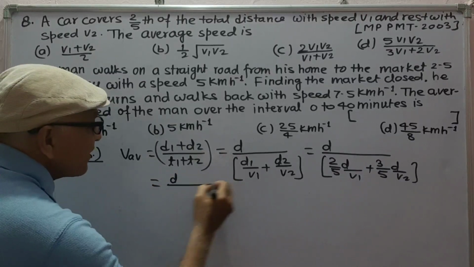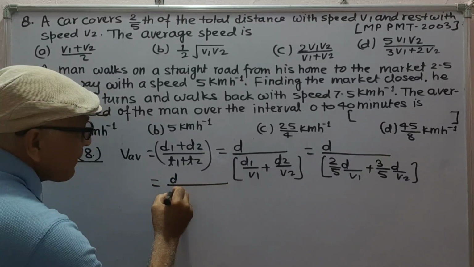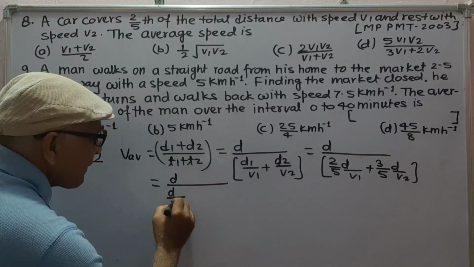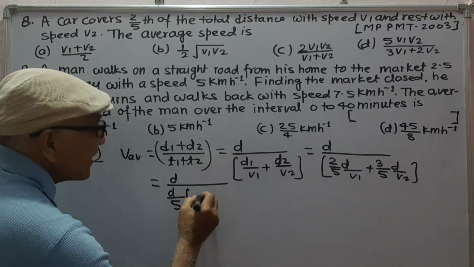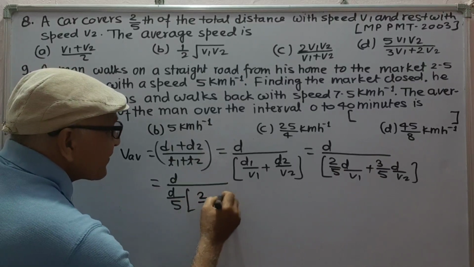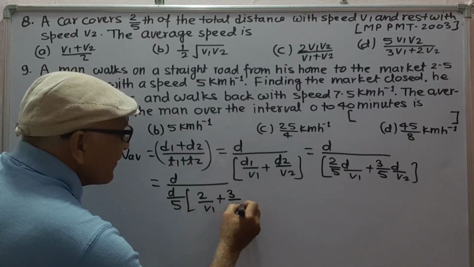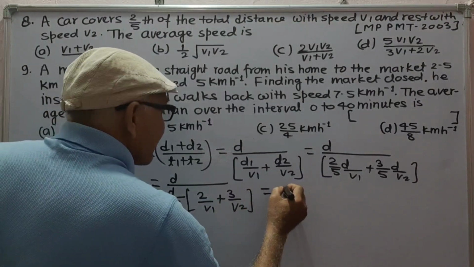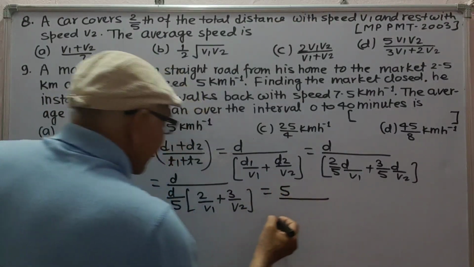This is d upon, 5 can be taken common in the denominator, so we get 2 upon v1 plus 3 upon v2. d cancels out and we get 5 goes to the numerator.